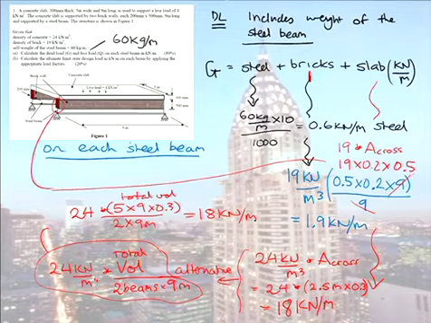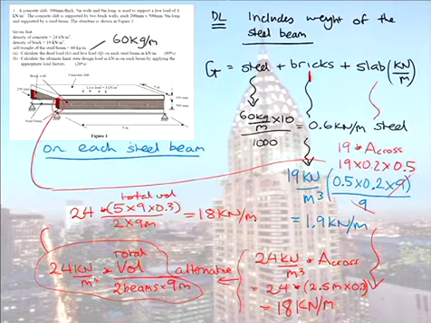So our total dead load now is equal to our 0.6 for our steel plus our 1.9, and I should put units in here. Total dead load in kilonewtons per metre on one beam.